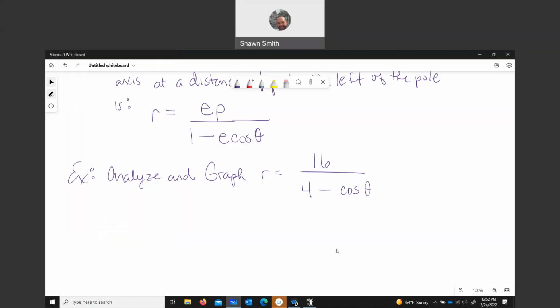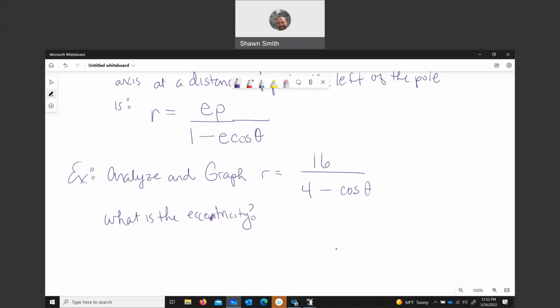So I know it's an ellipse, but what if I ask you what is specifically the eccentricity? We know it's got to be less than 1 to be an ellipse, right? So we expect that to happen. Well, I look at this format, it says e cosine theta.